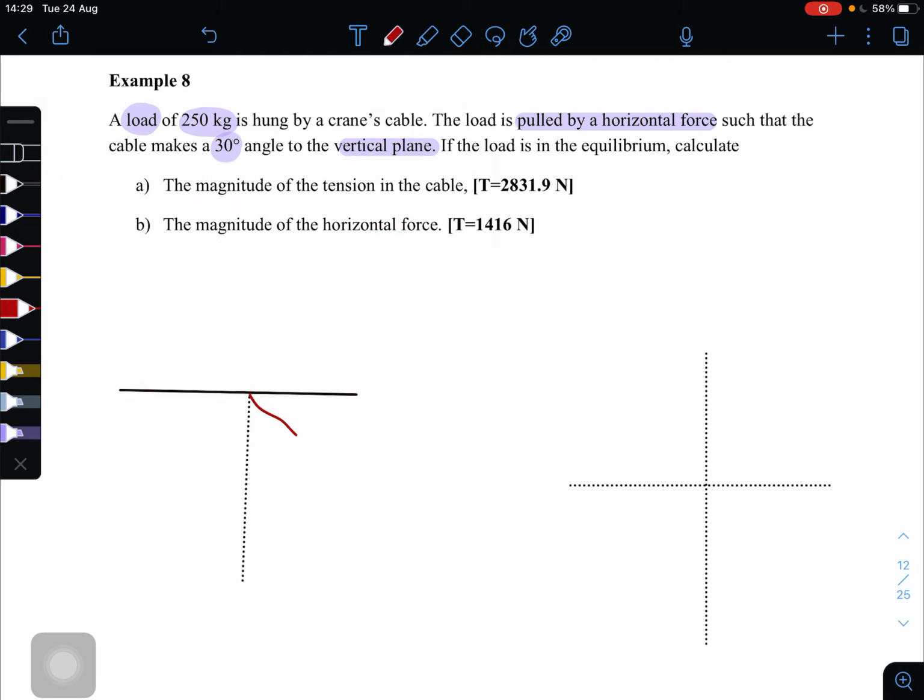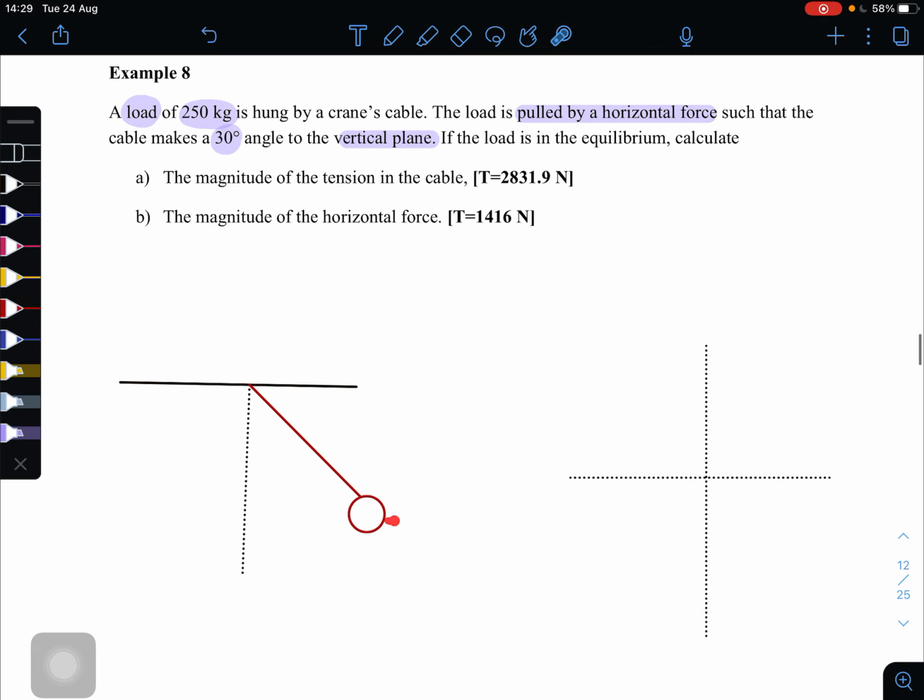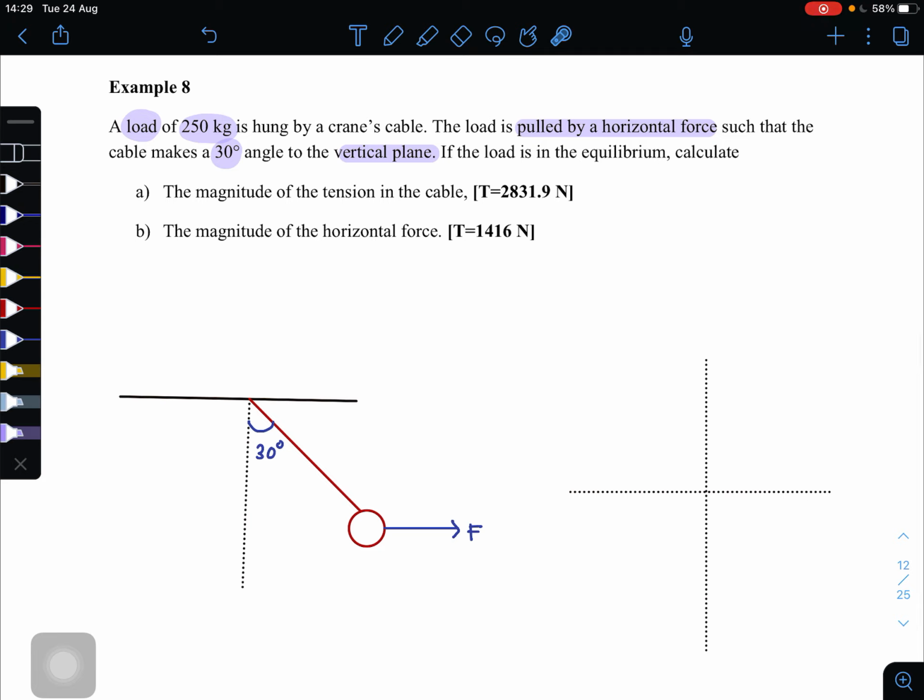So once we have made an angle, once we pull the load to the right by an external force, and then make an angle of 30 degrees to the vertical plane, it matches the situation here. Based on the situation given, this is how we place the diagram.